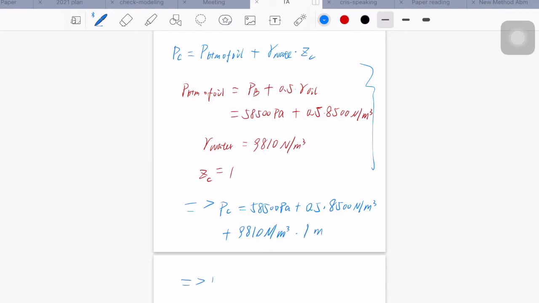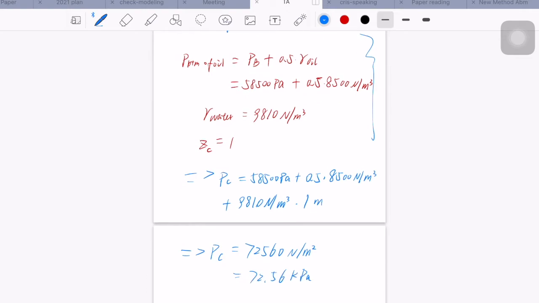So we can determine that the PC should be equal to 72,560 Newton per meter squared, and equals 72.56 kilopascal. So we finished this problem.